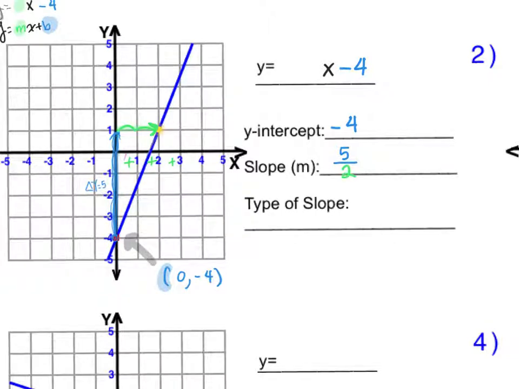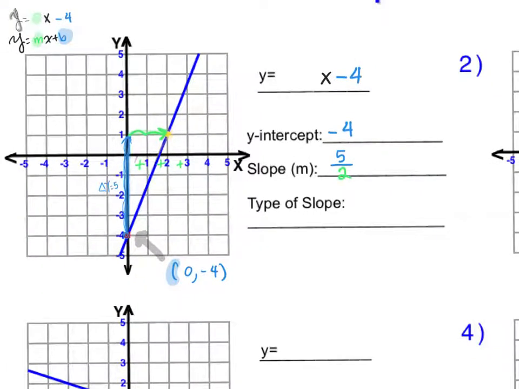So rise 5, run 2. And there's my slope. Take this, and doesn't that go here? 5 over 2. Isn't that your slope? 5 over 2. And there you go. You created an equation from a graph.